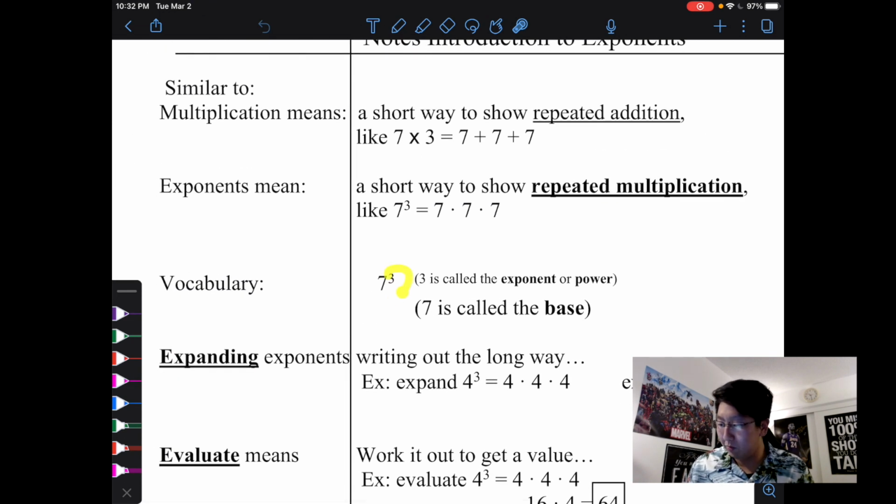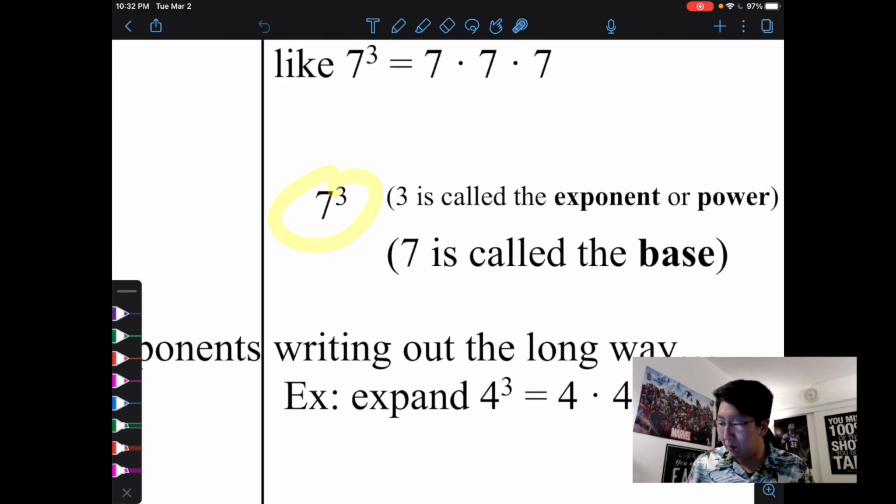Some vocabulary. When we see this, the 7 is called the base, and the little 3 is called the exponent, or we could also say the power. I'm never going to say, hey, there's a 7 and a little 3. That would be silly.